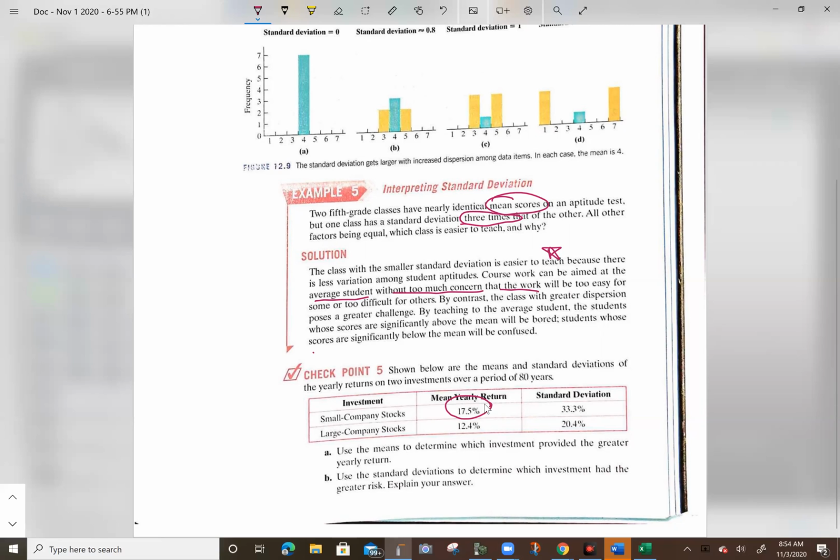So that's going to be the small company. Use the standard deviations to determine which investment had a greater risk. Well, that's going to be the same one, greater risk, greater reward. The standard deviation of 33.3% means even though they had some people way up here at the top, they also had some people farther down on the other side.